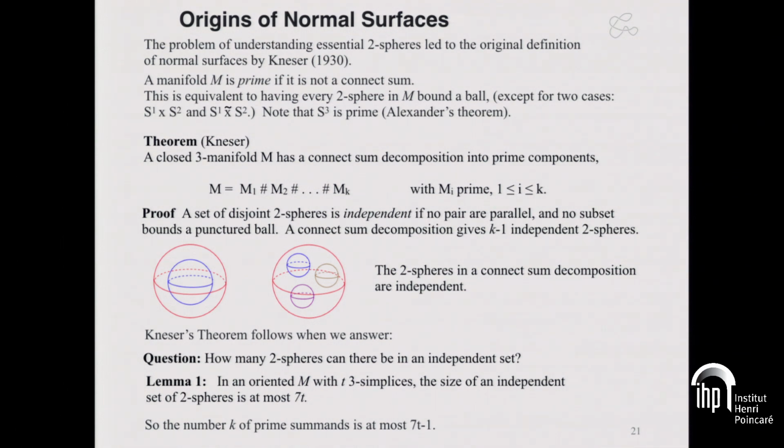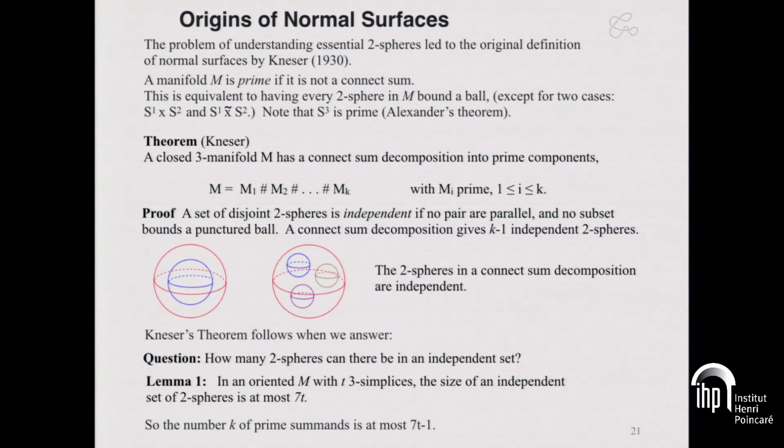And how will we stop there from being a lot of non-parallel 2-spheres? We'll take a collection of 2-spheres. We'll make them normal all at the same time. And then we'll show that there can't be too many non-parallel normal spheres. So that's the scheme. Let's say that a collection of 2-spheres is independent if no pair is parallel.